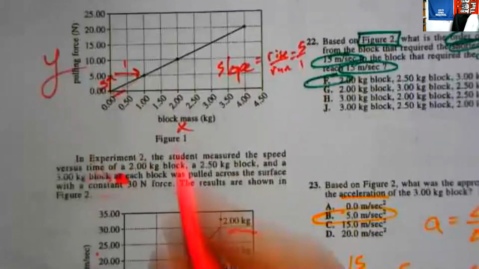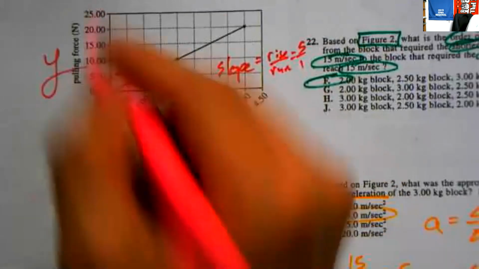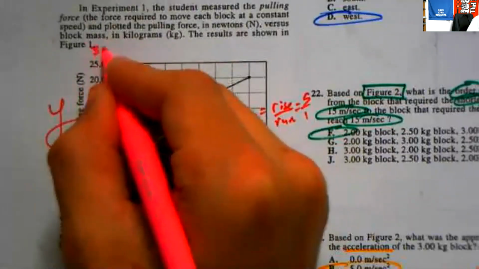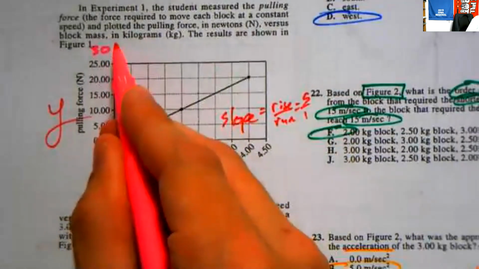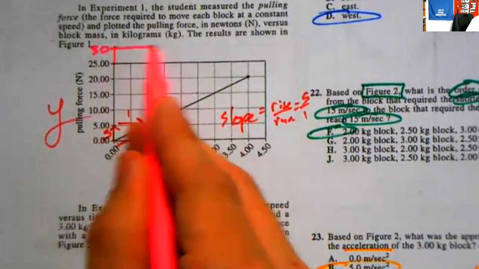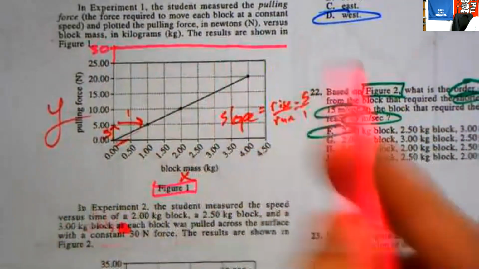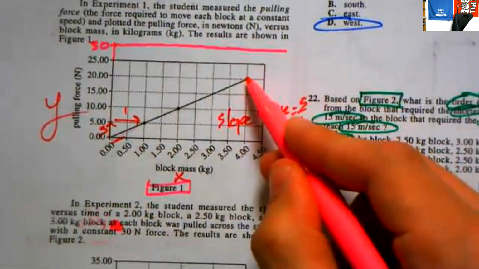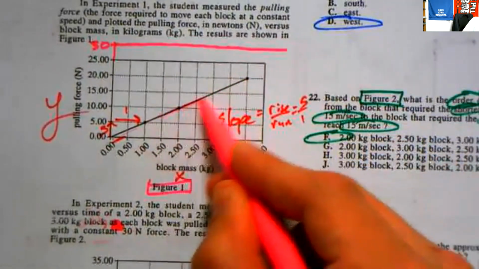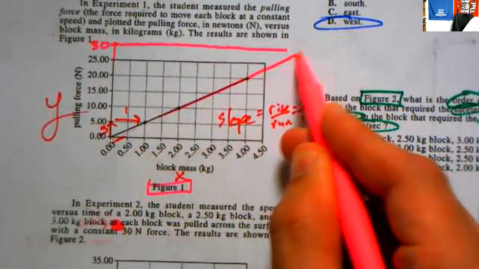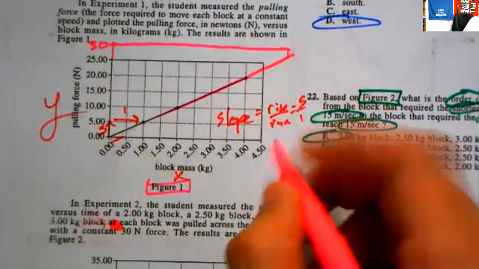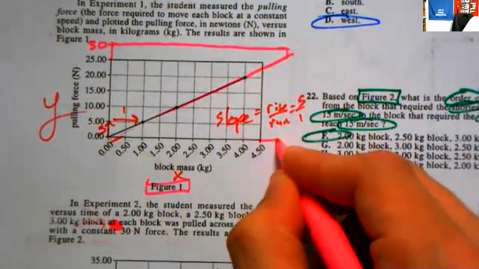But what's the issue here? You look over at figure 1 and you say 30 isn't there. We'd have to kind of stretch that line up. So how would we get up there to 30? I don't know. Looks like maybe that. What's out there?